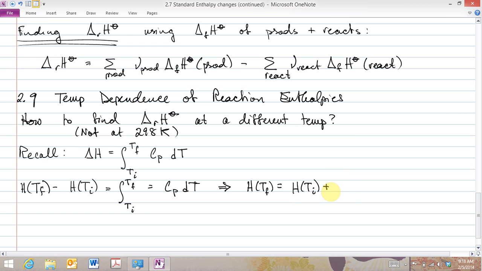So I add that enthalpy to both sides, and I get this equation.